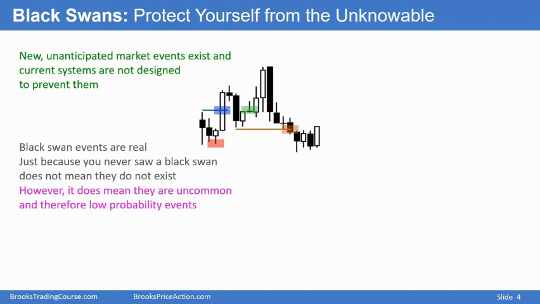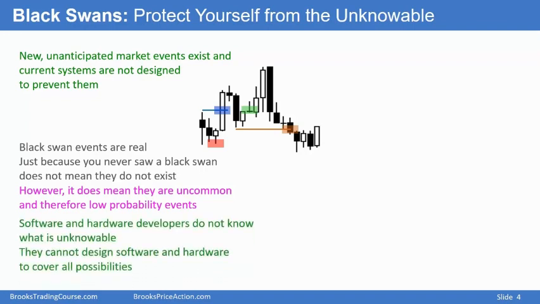The theory behind black swans is that if you've only seen white swans, it's natural to believe that black swans do not exist. But they do exist, and just because you've never seen one does not mean that they do not exist. It might mean that they're uncommon and therefore low probability, but they're real. If you're trading, you have to protect yourself against these low probability extreme events, and that's one of the purposes of protective stops.